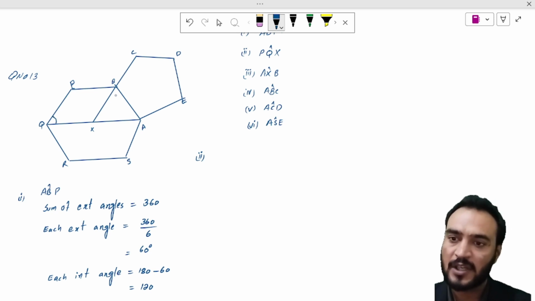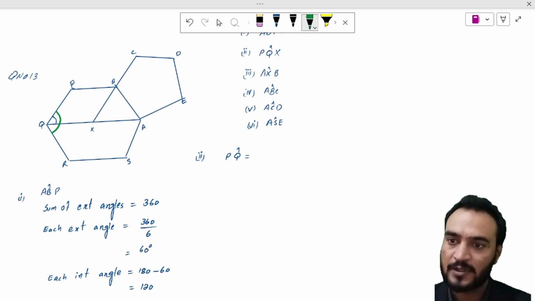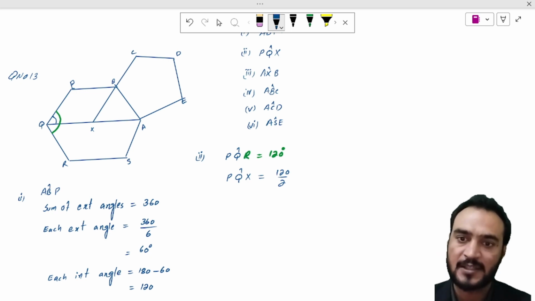We know that the angle PQR, which is the interior angle, is equal to 120 degrees. The angle PQX is half of it, 120 divided by 2, because the line QX bisects this angle.